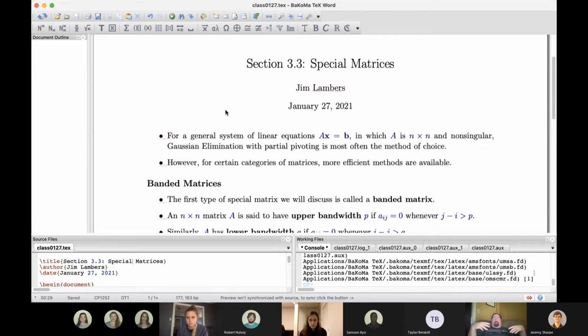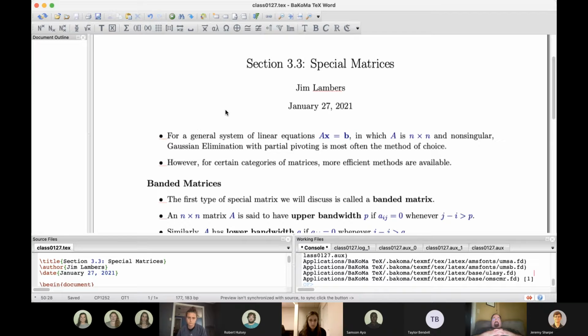Well, no, because we do want to try to do things better if we can, at least in certain circumstances. So for general purpose, yes, this is usually the method of choice, Gaussian elimination, with partial pivoting in particular, because that strikes a good balance between ensuring more robustness with respect to round-off error and so forth, but also not adding too much overhead in terms of computational effort.